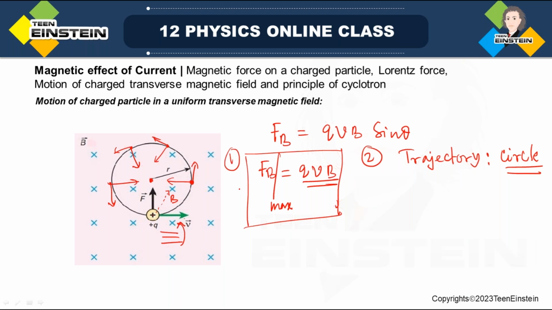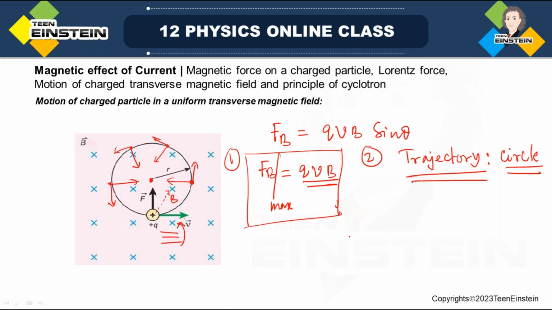So in this case, two things we have learned: if the velocity vector makes an angle of 90 degrees with the magnetic field, then the magnetic force exerted by the magnetic field on the charged particle will be maximum, that is qvB, and the direction of the magnetic force will be such that it makes the charged particle move in a circular trajectory or circular path.